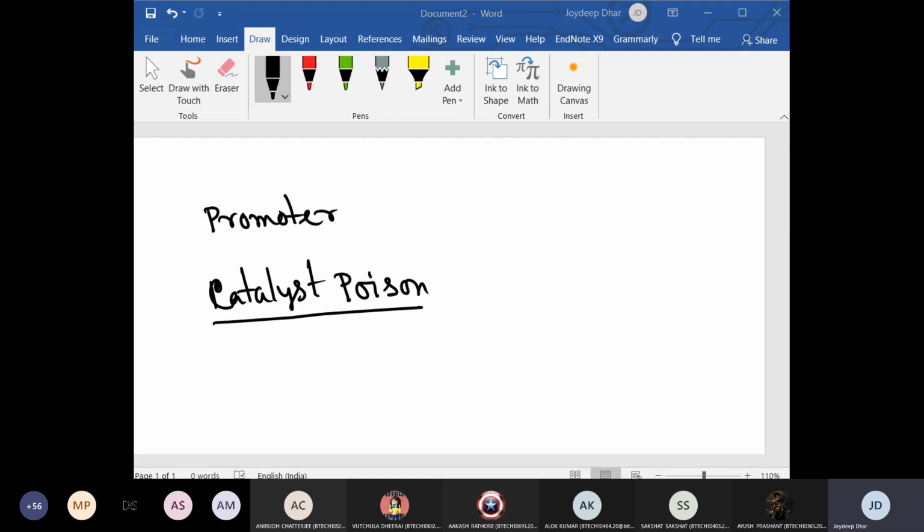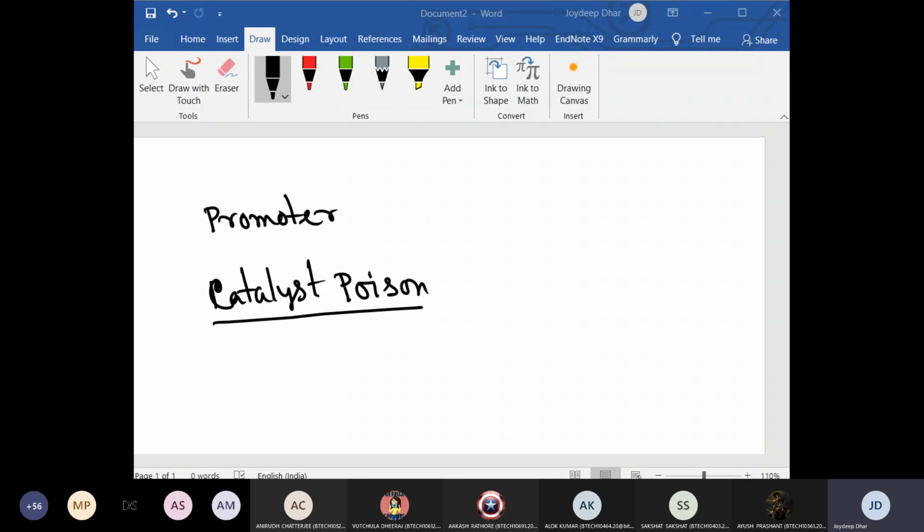It will reduce the activity of the catalyst, or the catalyst will be deactivated in the presence of a catalyst poison. Catalyst poison will reduce or damage the activity or efficiency of the catalyst.